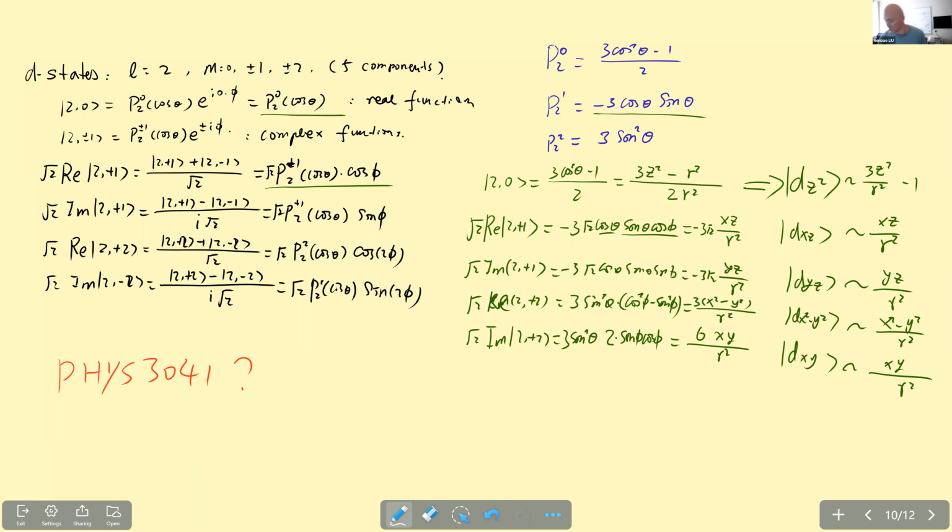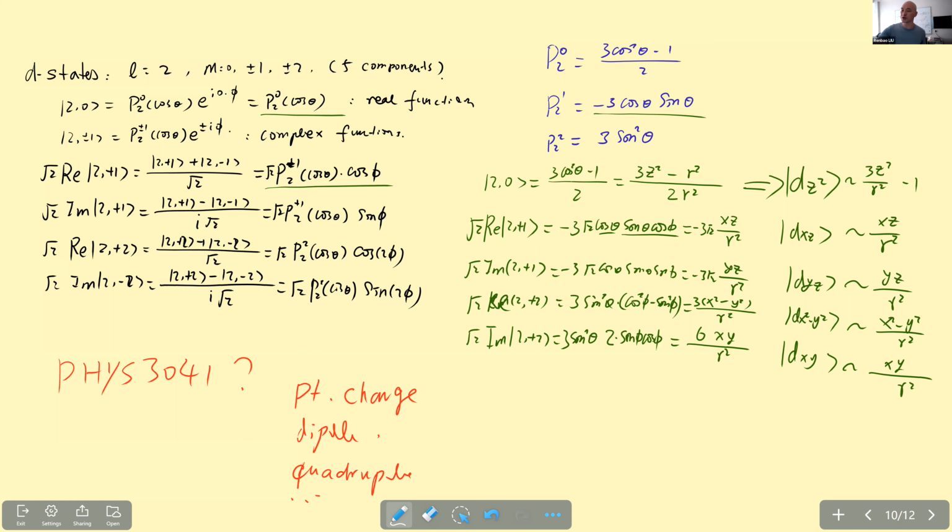Okay, great. So you probably know you have learned point charge, dipole, and then quadrupole, and so on and so forth, octupole.